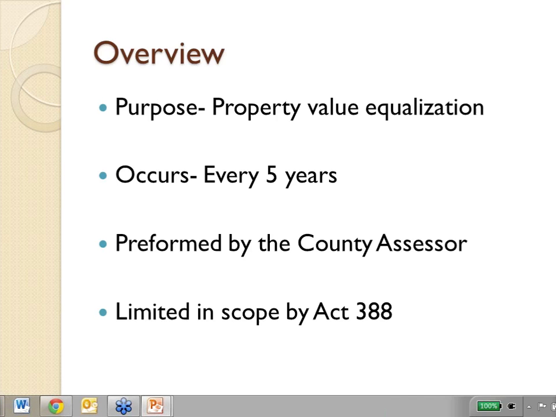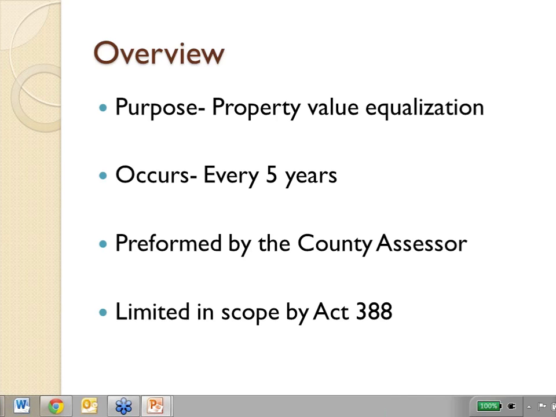One other thing I would like to mention about when they do the reassessment: the value of the property in the reassessment is not based on the current year or the current time period. Every county has a base year for that reassessment.